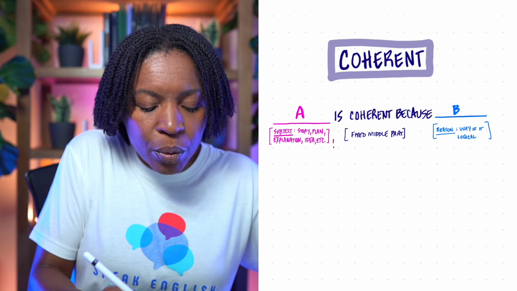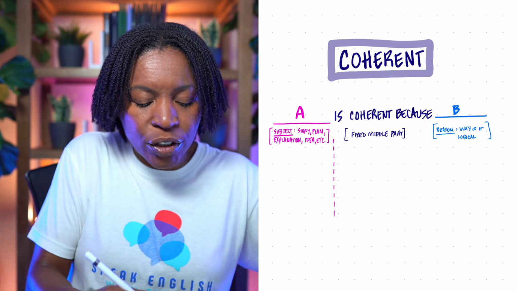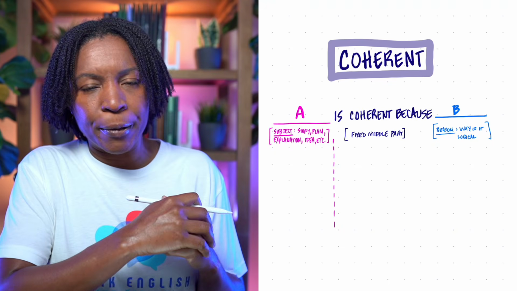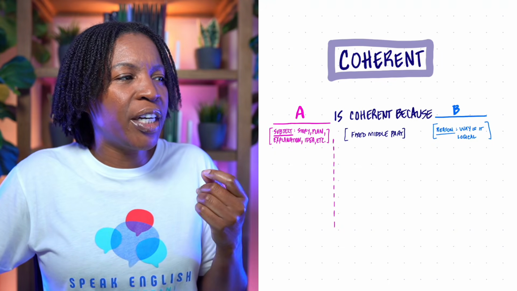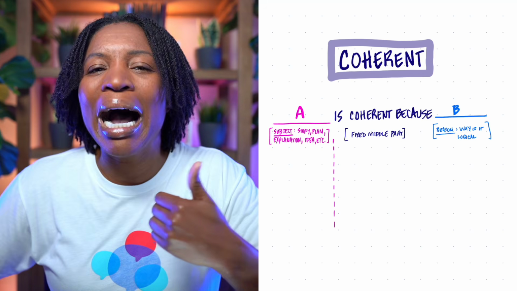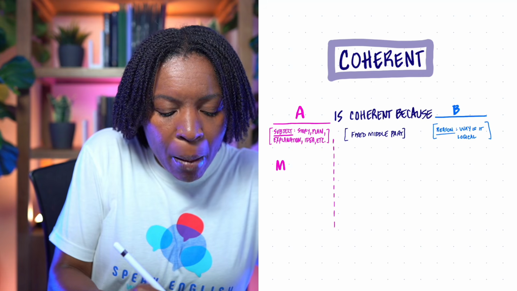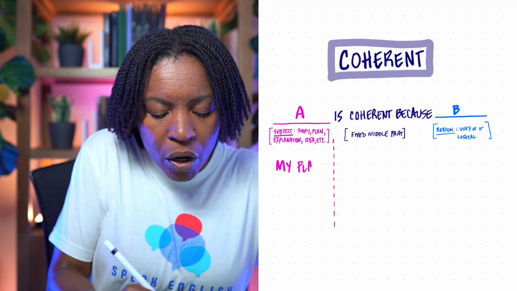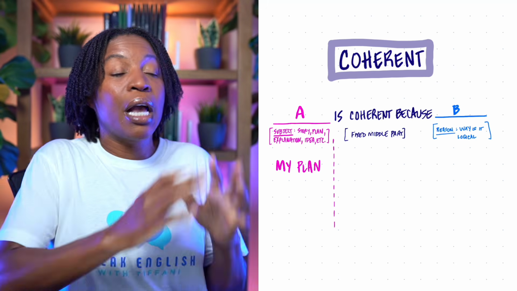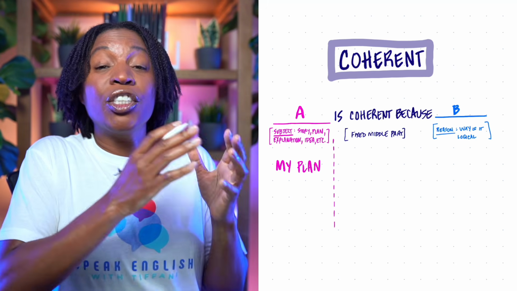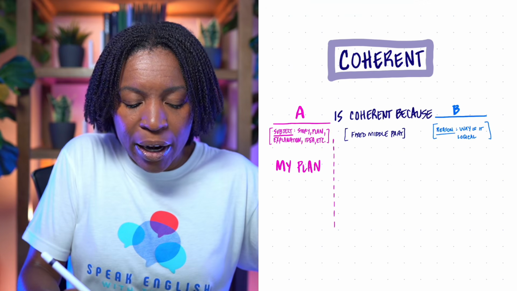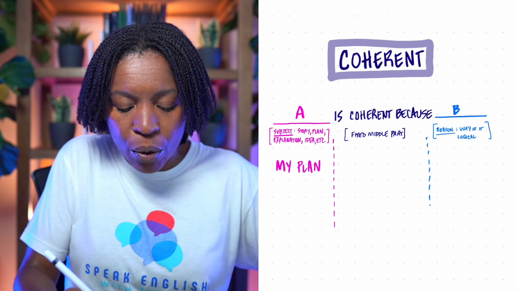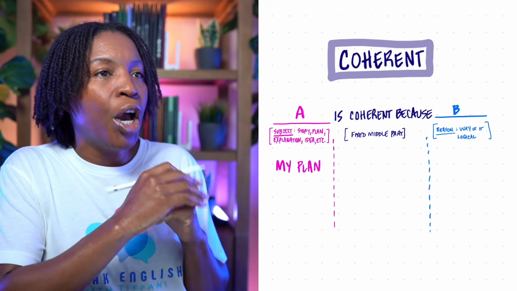So let's actually write some examples based on this sentence pattern. For the first one, for letter A, let's change it to be my plan. All right, so the first letter A we have is my plan is coherent because. So what are we going to write for letter B? What is the reason? Why is my plan coherent?